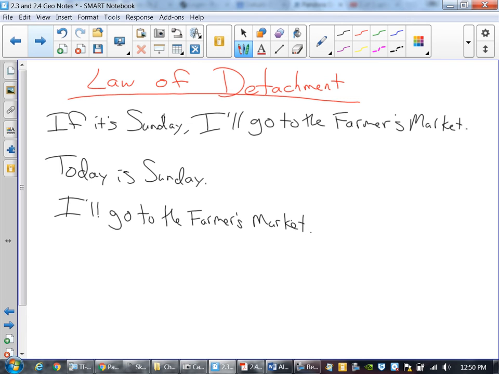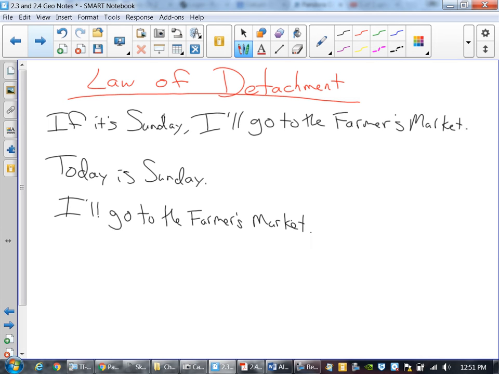Angle A is 112. What can you say? What's not acute? Angle A. So this was your given part, the start of it. So you can come up and say then, angle A is not acute. Done. That's what detachment does. It's a choppy way of writing logic. That's really all it is.